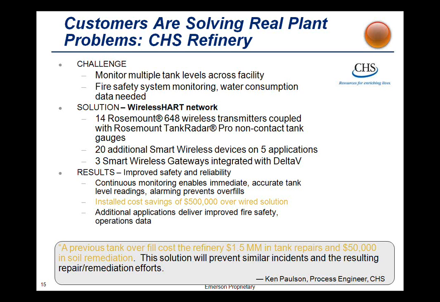The previous tank overfill cost us $1.5 million. These sorts of situations are not things that just happen internationally. Even in the state of Victoria, where I'm speaking from today, these types of things do happen on a regular basis, far more often than what we would wish.